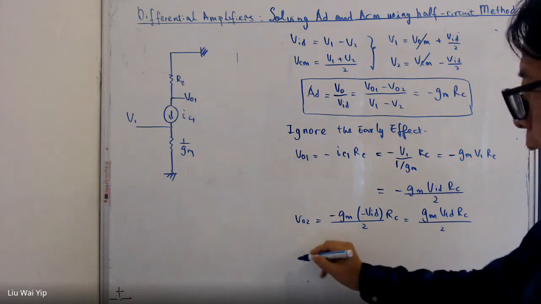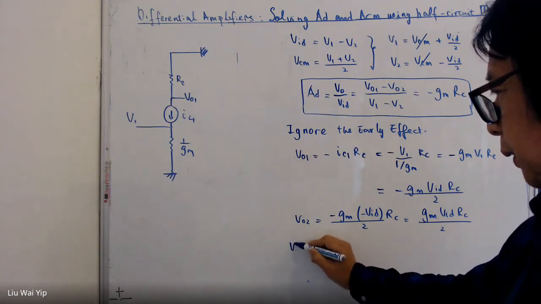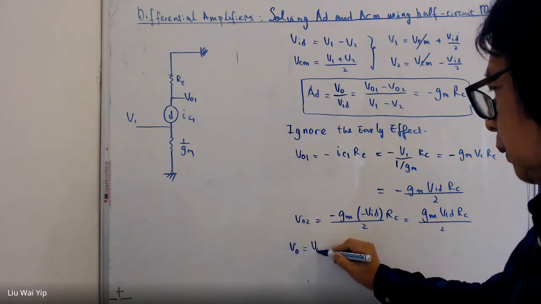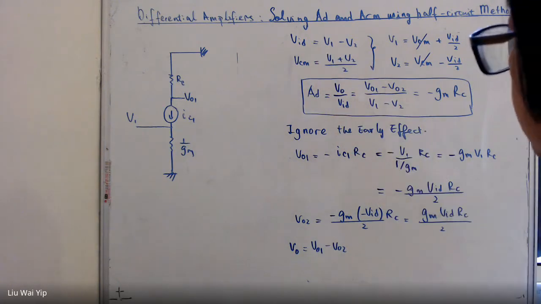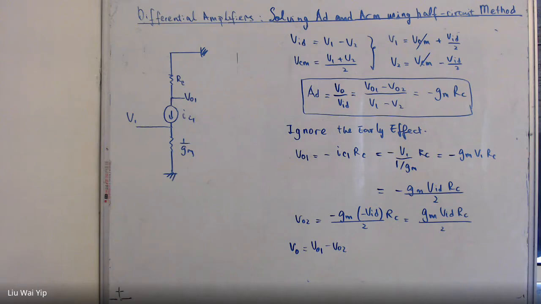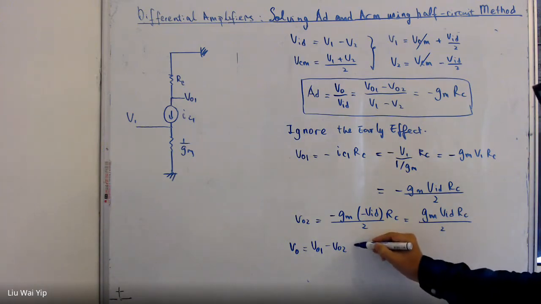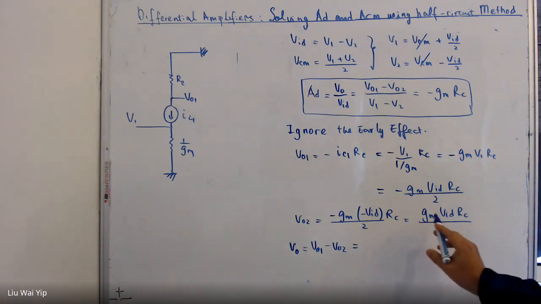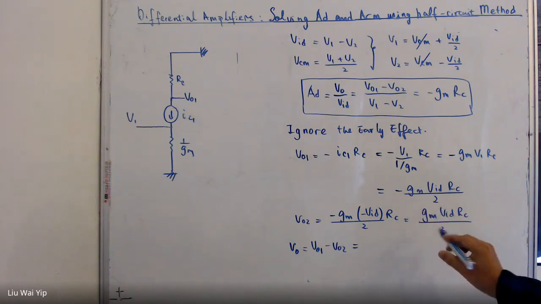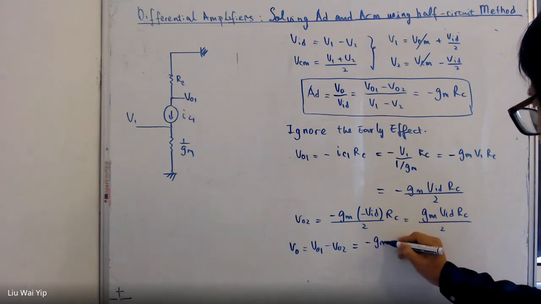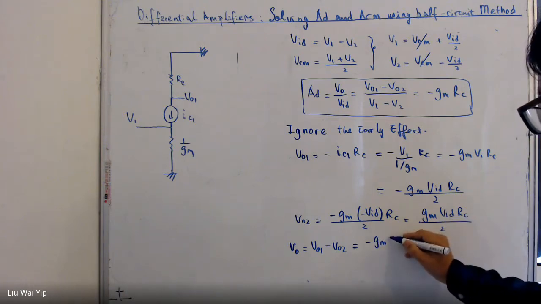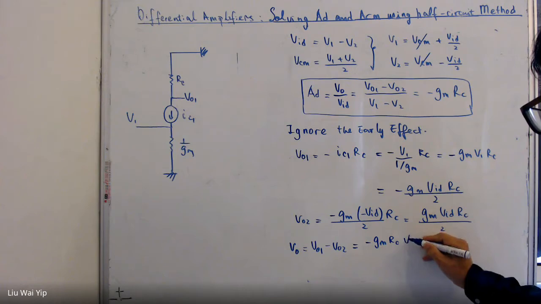And the output is going to be VO1 minus VO2, like what we have here. This is going to be this one minus this one, which is minus gm RC VID.